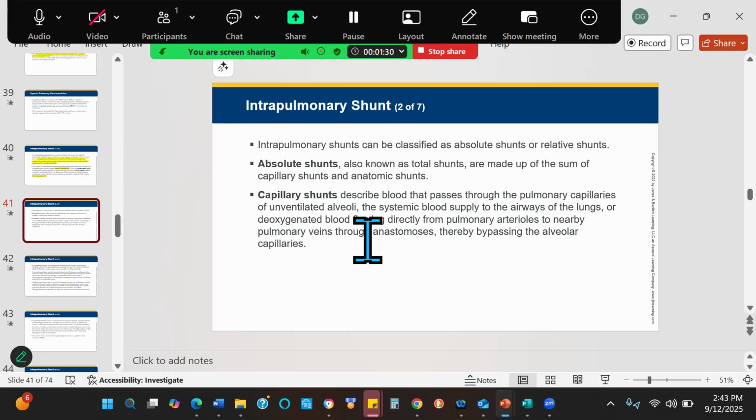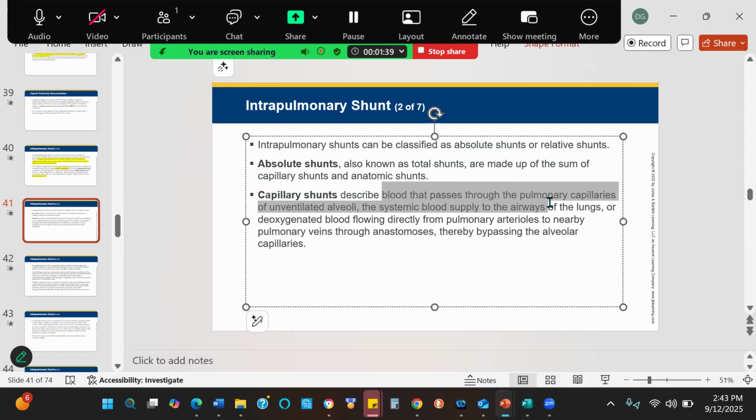Absolute shunts or total shunts are made up of the sum of capillary and anatomic shunts. Capillary shunts are blood that bypasses the pulmonary capillaries, unventilated alveoli, systemic blood supply to the airways themselves, or deoxygenated blood flowing directly from pulmonary arterioles through anastomoses.